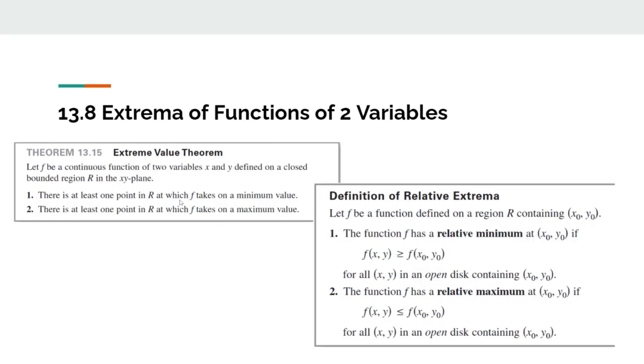This would not work if f was continuous on a region that's not closed or not bounded. For instance, if f was continuous on the whole xy plane, then it doesn't necessarily attain its minimum value or its maximum value.